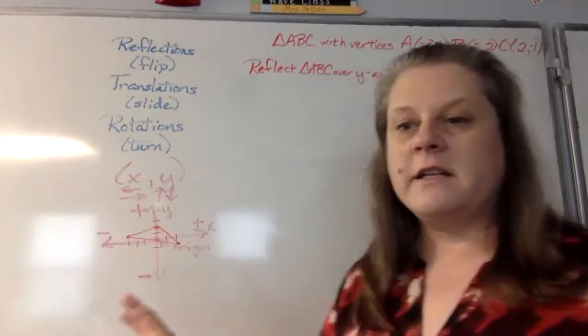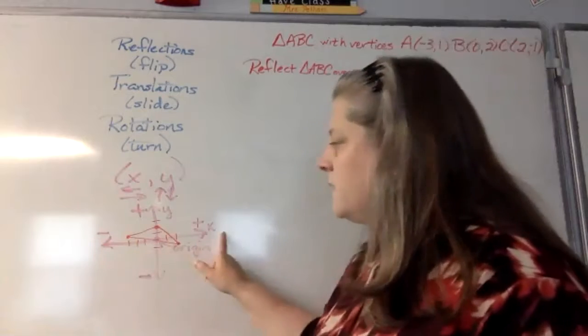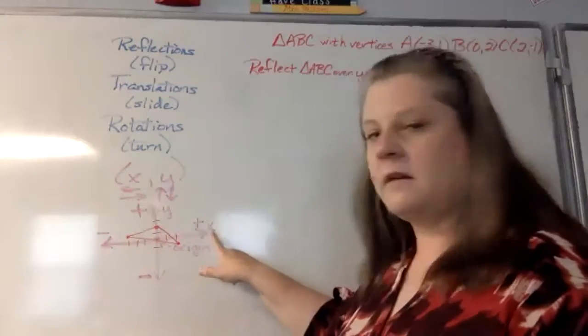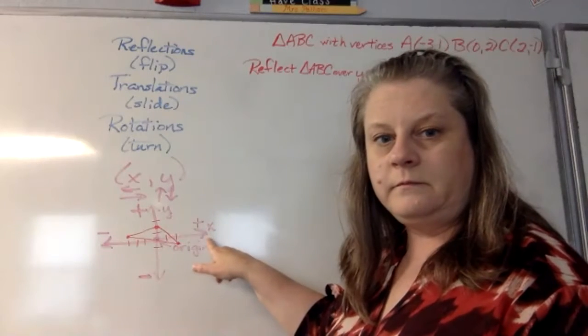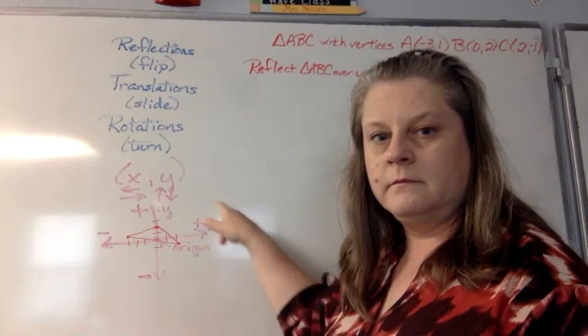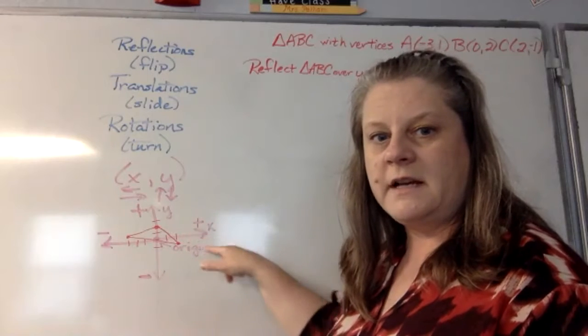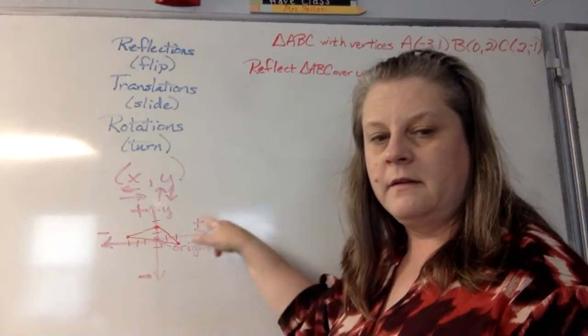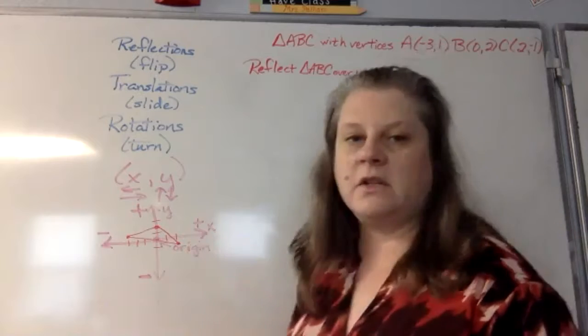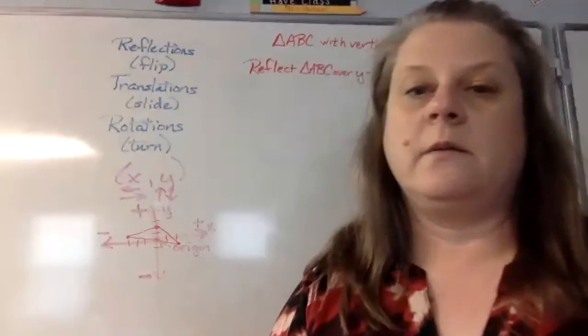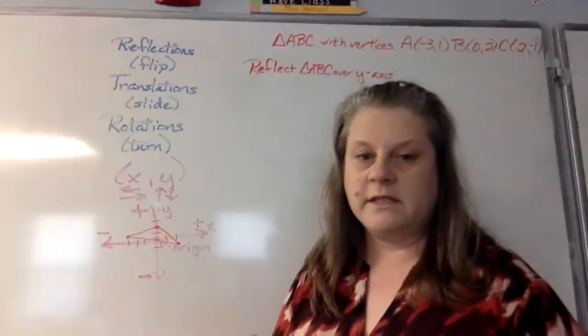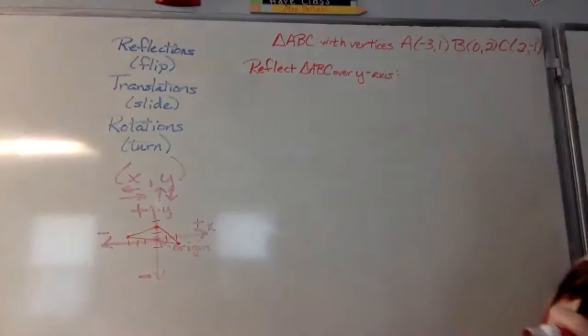So your y coordinate doesn't change. Which coordinate tells us left and right? The X. The X coordinate tells you left and right. So your X coordinate is what's going to change. Your Y coordinate's going to stay the same.